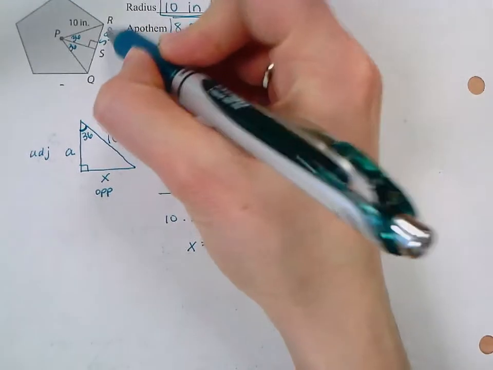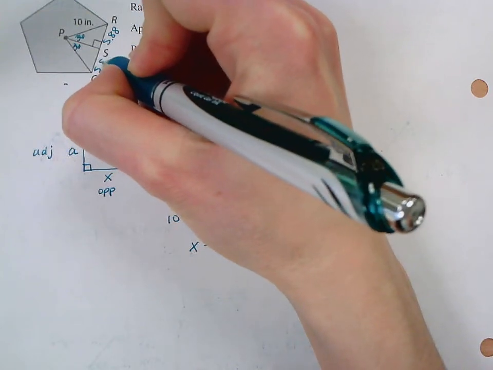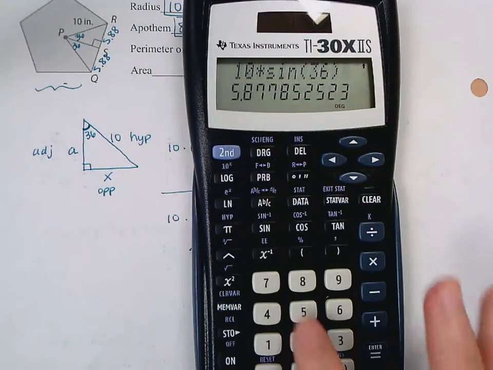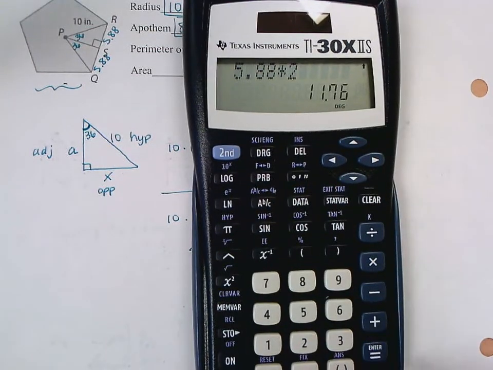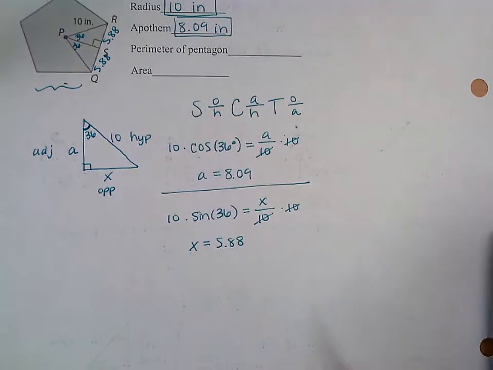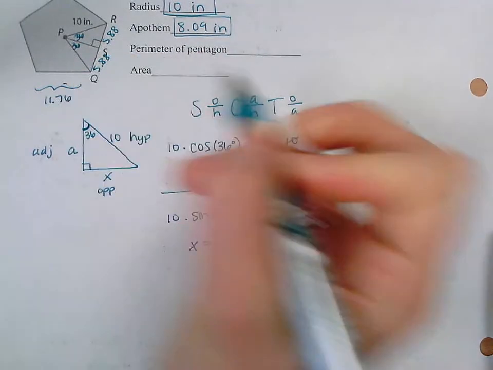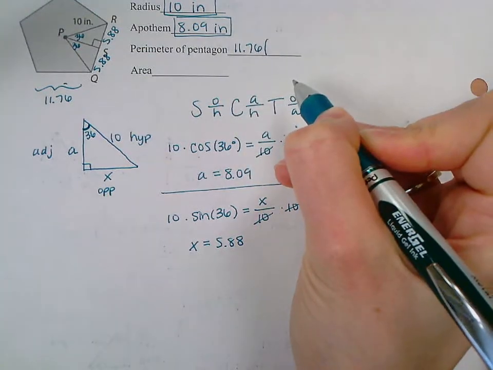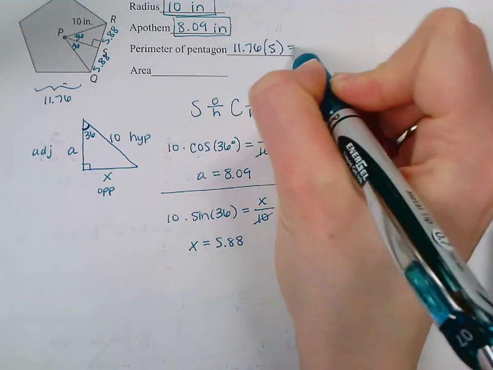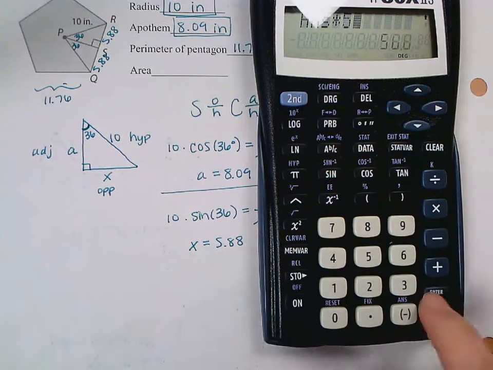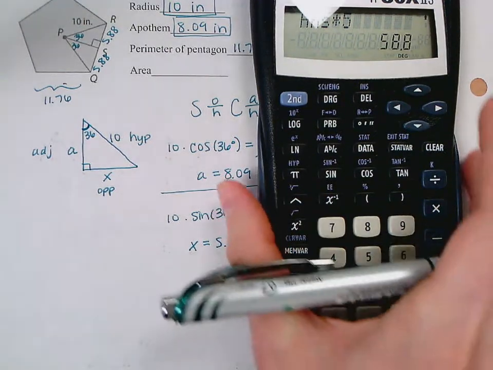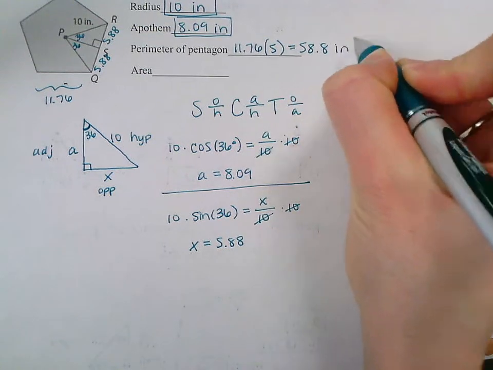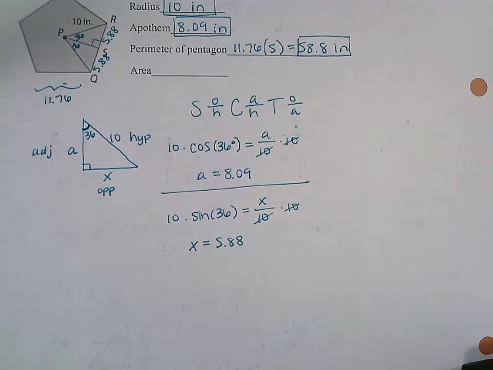So if this is 5.88, this is also 5.88, and that means a full side length would be 5.88 times 2, so about 11.76. And so my perimeter would be 11.76 multiplied by 5 sides, which is 58.8 approximately. And that would be in inches.